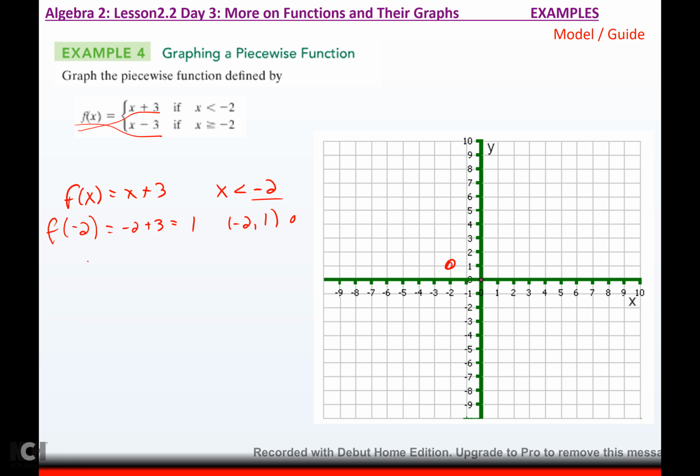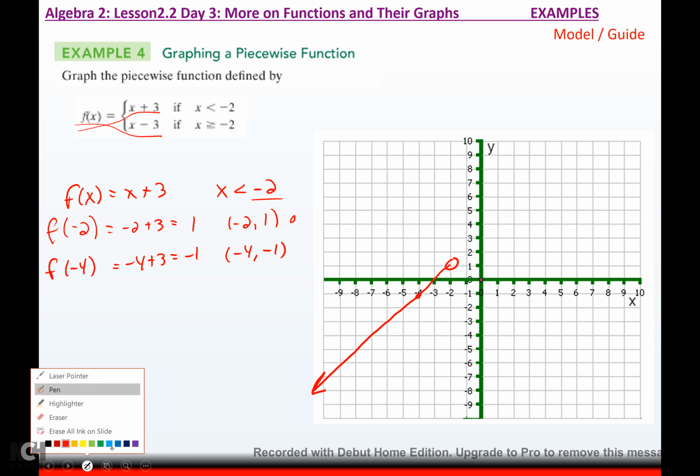Pick something else less than negative 2. Let's pick negative 4. Negative 4 plus 3 would be negative 1. So that ordered pair would be negative 4, negative 1, right here. I know it's a line, so it's going to do this. Just remember that that's an open circle. It's not included.